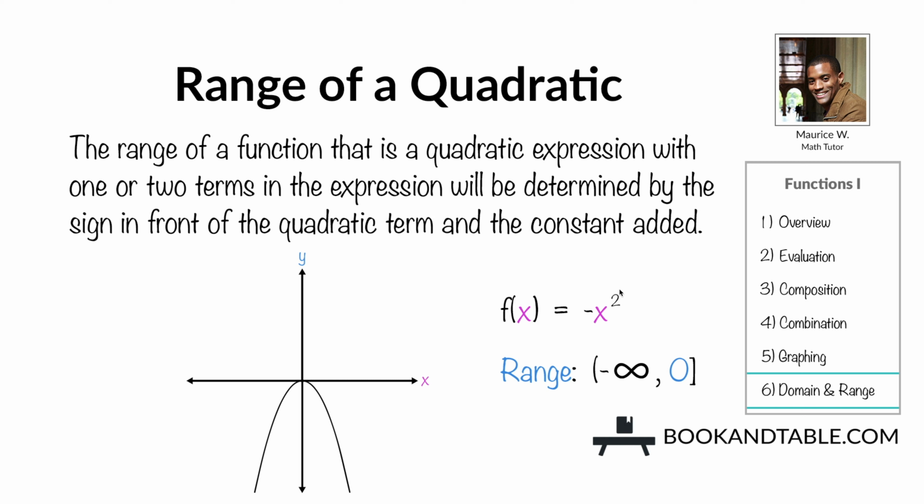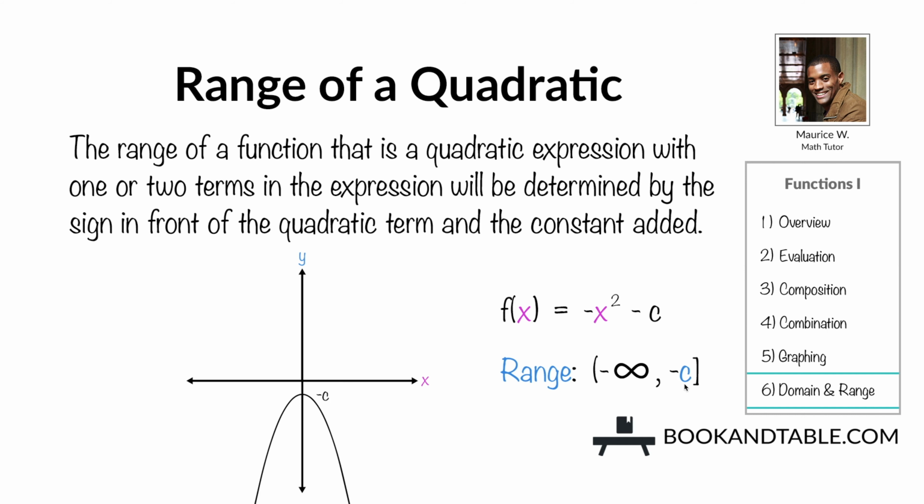Take the same positive numbers we were getting as a result before, and now we're multiplying them by -1 at all times. So now the range is backwards in a way. It goes from negative infinity up to 0. And just like before, if you add a constant or subtract a constant, the range will shift up to whatever the constant is that's added, or shift down if a constant is subtracted.